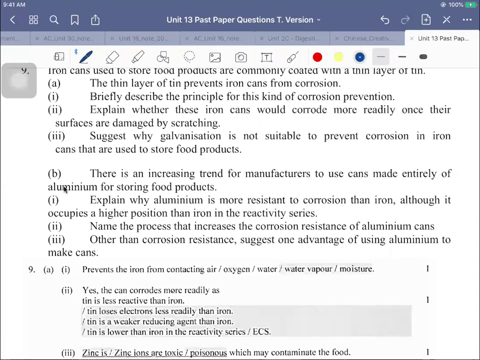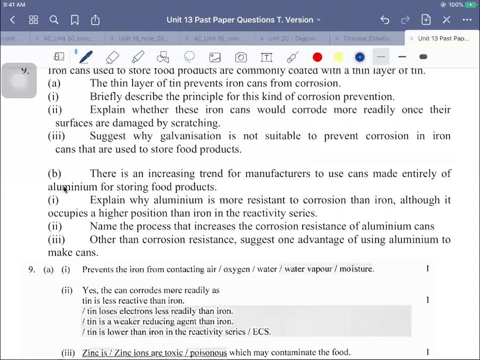For the third one, suggest why galvanization is not suitable. I saw quite a few students write galvanization is toxic. The process itself is not toxic, and to be accurate, zinc metal is not toxic.